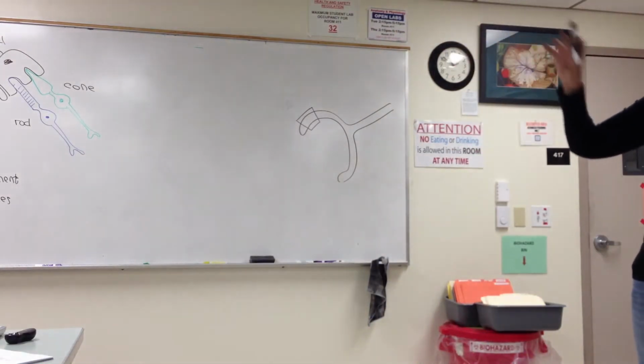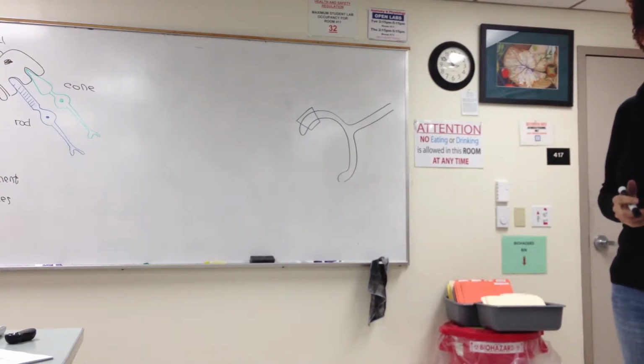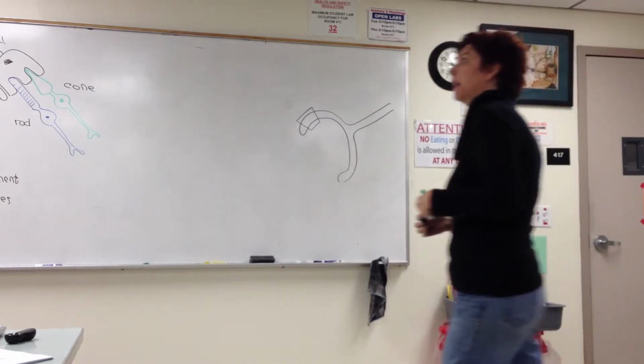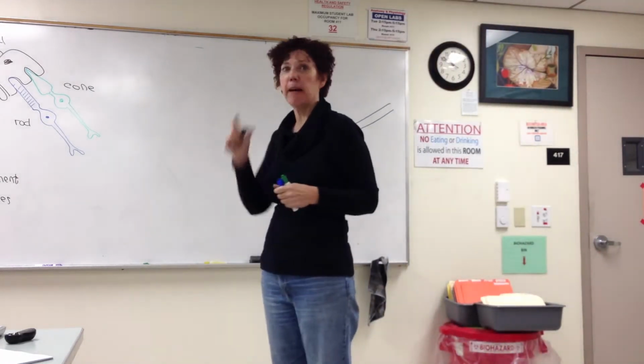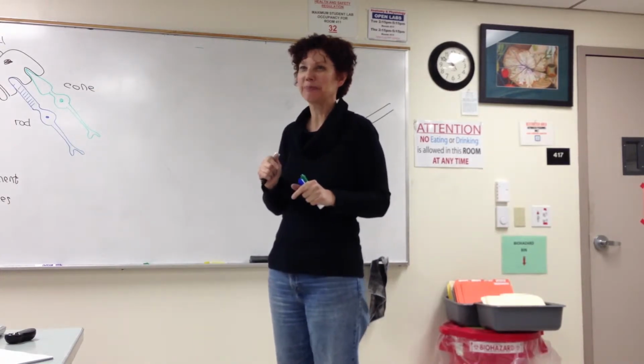Rods and cones differ in the energy of the light wave to which they are sensitive. Rods can be affected by just one photon, which is a measurement of the energy in a light wave.